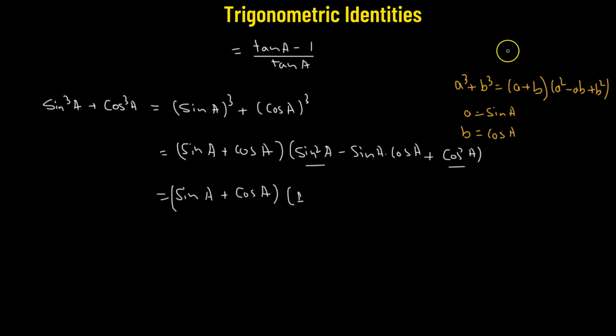Let me note that down as well. So we have sine squared A plus cosine squared A, this is an identity with a value of 1, minus sine A times cosine A.